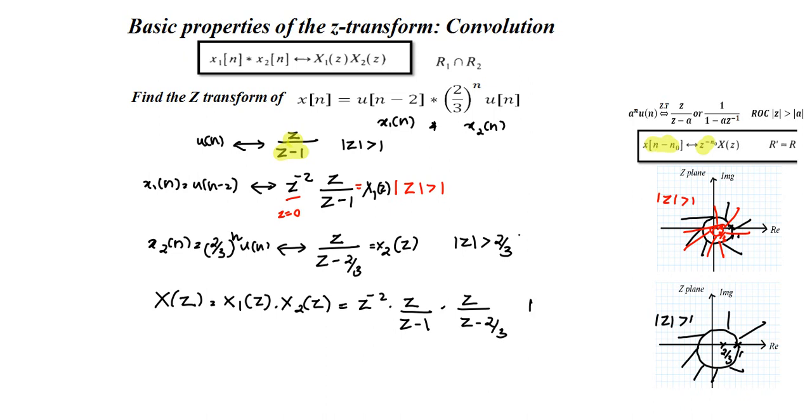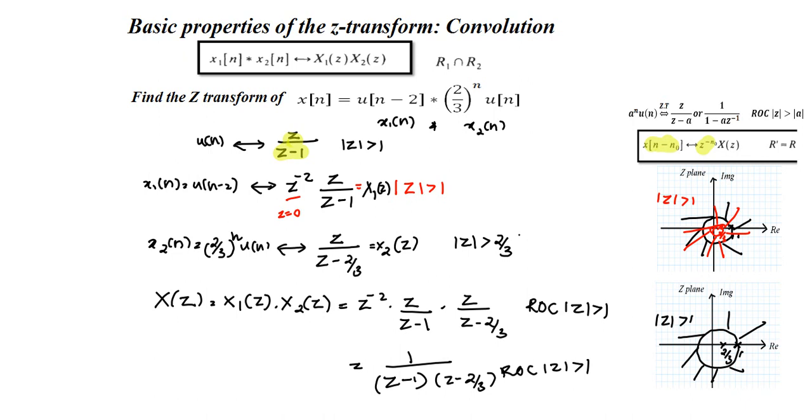After simplification you will get simply 1 divided by z minus 1 into z minus 2 by 3, and the ROC is modulus of z greater than 1.